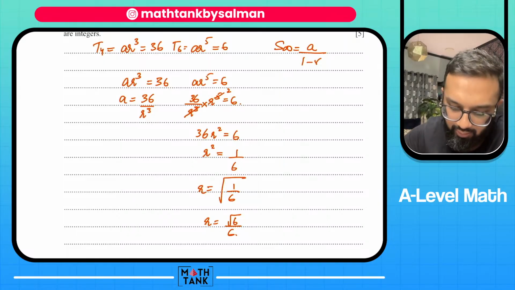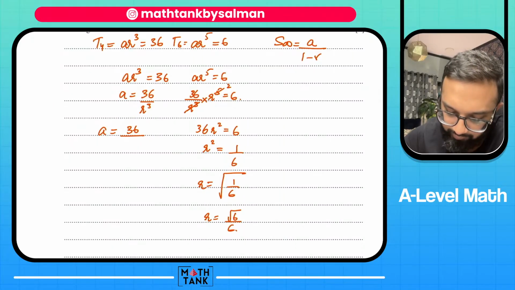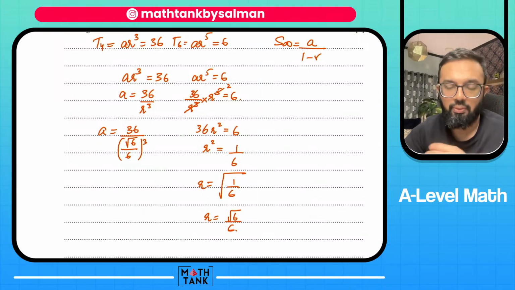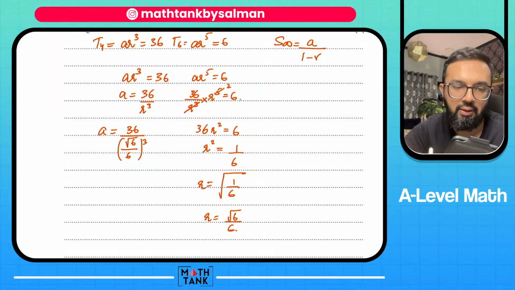Okay, a should then be 36 divided by root 6 over 6 cubed.